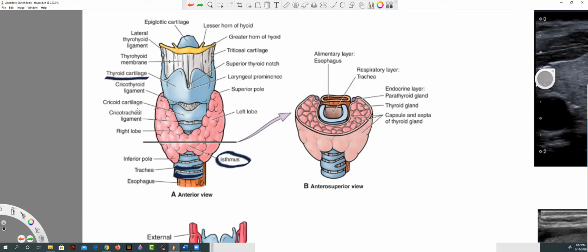Let's see. Kind of a cut-off view here. We see our isthmus has a thickness. We will, of course, measure that thickness. Speaking of measurements, we measure the length. So right lobe, superior to inferior, we're going to measure the length there.